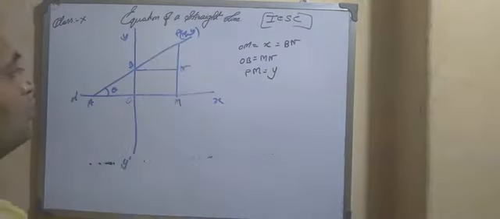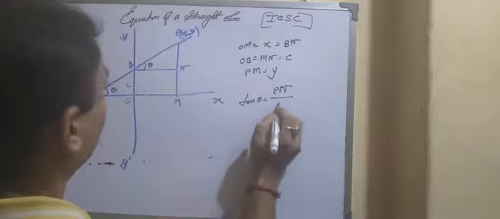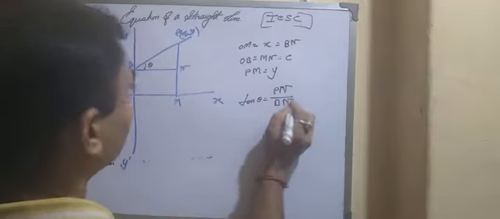Now this angle is theta, so this is also theta. Now the slope is tan theta. When we write the slope of a straight line, it is denoted by tan theta. So tan theta is equal to PN by BN.